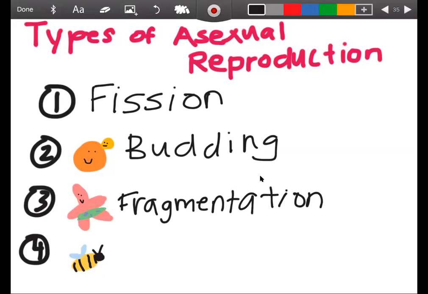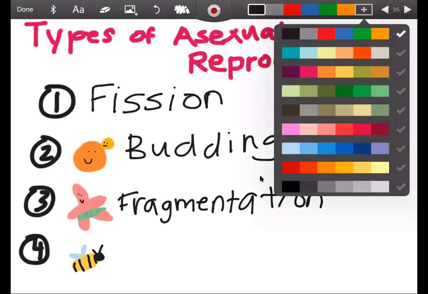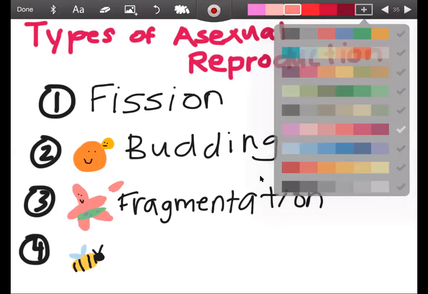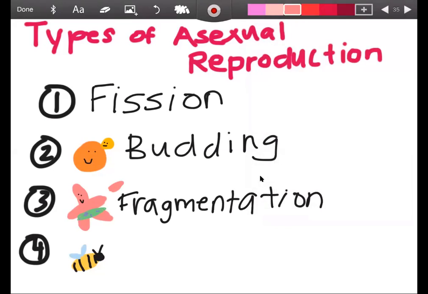Basically, when these animals are broken into parts, they can regenerate. So let's say that a piece of Patrick was cut off, maybe by a predator, or I don't know, he fell on something. Good old Patrick. This piece could regenerate into a completely new starfish. So that's fragmentation.